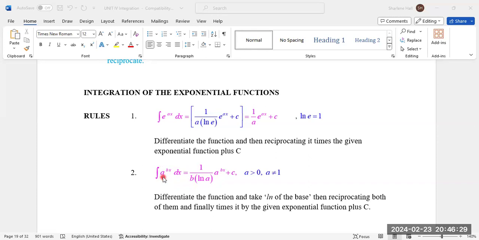But this time, I must have my ln a. Up here, I had ln e, but I could ignore it because ln e is equal to 1. I don't have a value for ln a, so I have to write ln a here, and of course write back my exponential function, a to the bx plus c.